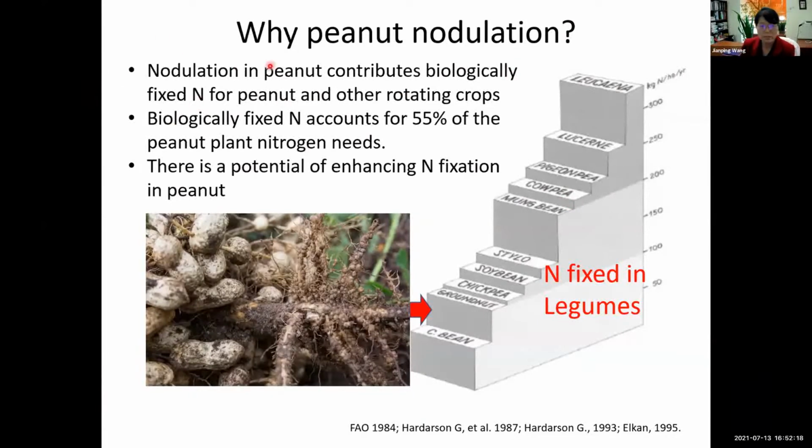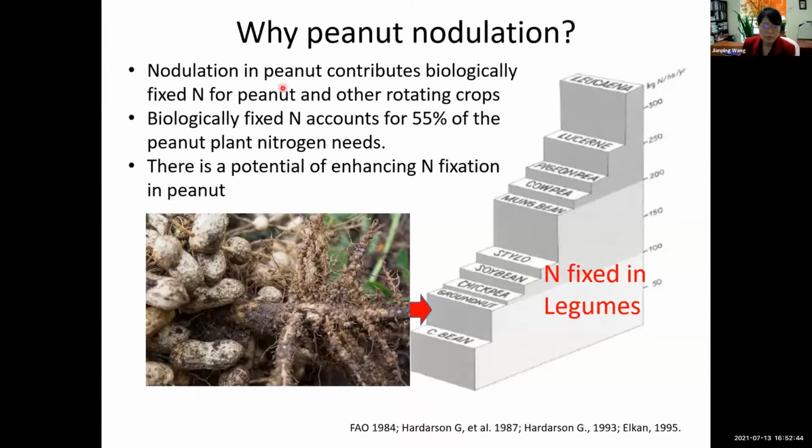Basically, nodulation in peanut and many other legume crops contributes biologically fixed nitrogen for the current crops and also for the following rotating crops. This is very important for sustainable agriculture and to protect the environment by reducing nitrogen fertilizer application.